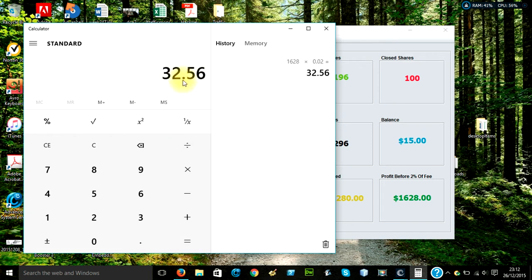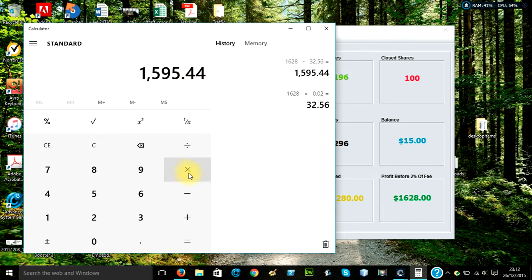You're going to pay a fee of $32.56. Then 1,628 minus 32.56, so anyone from the US will make $1,595.44 in 110 days.